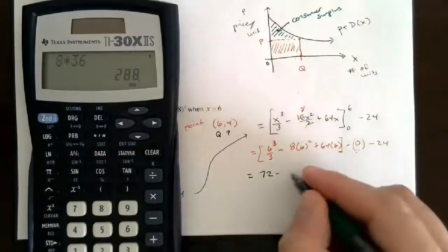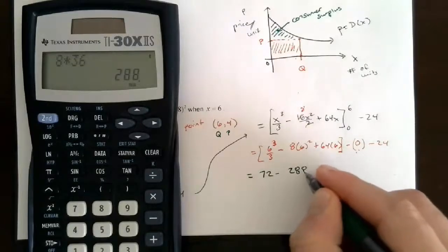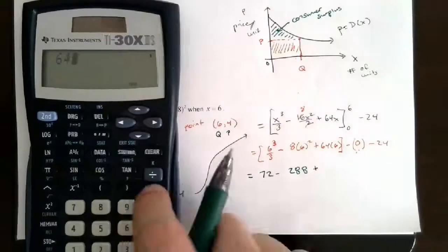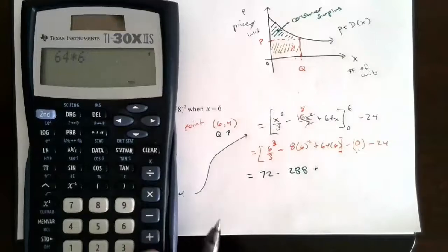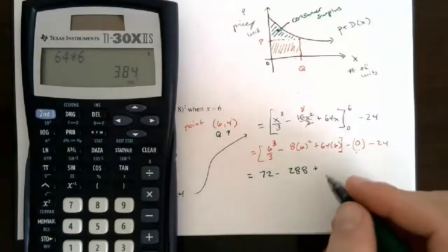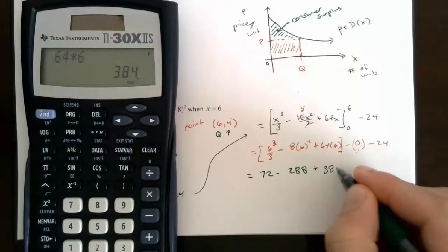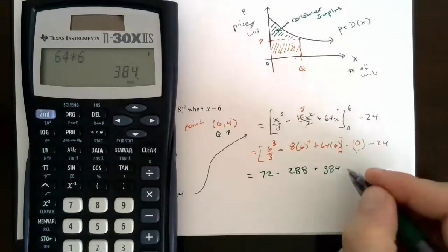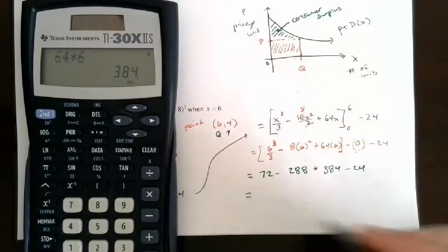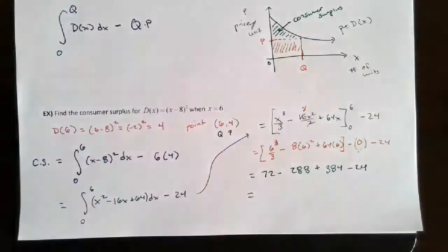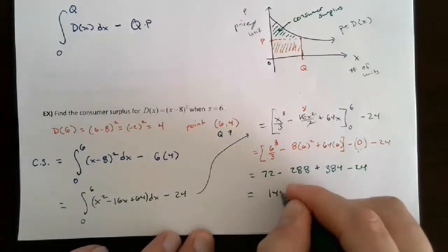This gives me 288, plus 64 times 6, which gives me 384. Minus 0 is just minus 0, minus 24. And then, really, we just add these up. So we got 72 minus 288 plus 384 minus 24, and adding those I get 144.